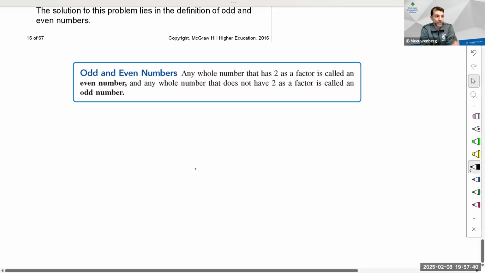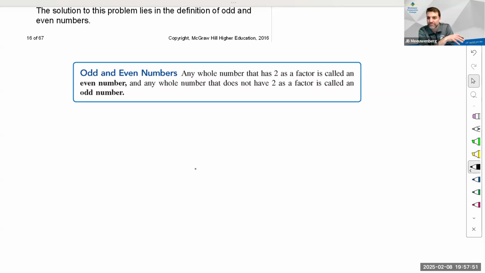Any whole number that does not have 2 as a factor is called an odd number. So really, odd numbers are essentially defined as whole numbers that are not even. So if it's not even, then it must be odd, as long as it's a whole number.